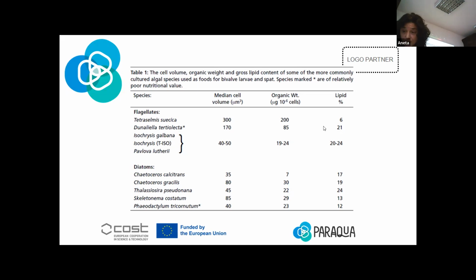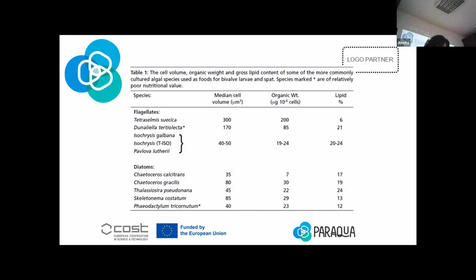And as I told, we will find in different papers different chemical composition. What I can tell you, this is just one author, what he found, for example, Tetraselmis that has 6% of lipids. It will depend on cultivation conditions and environmental parameters.